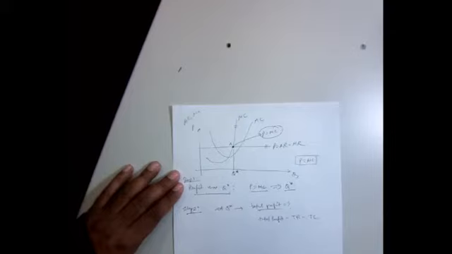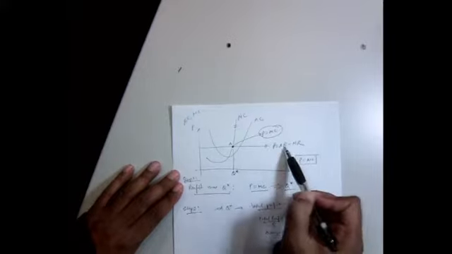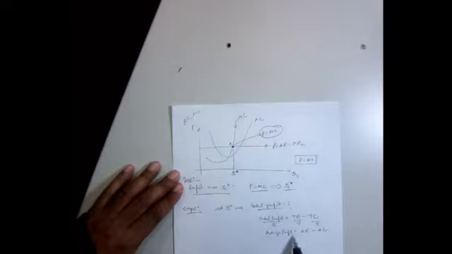If you divide both sides by Q, then you get your average profit, which is equal to your average revenue minus average cost. That means profit per unit of output is equal to revenue per unit of output minus the cost per unit of output. Clear?